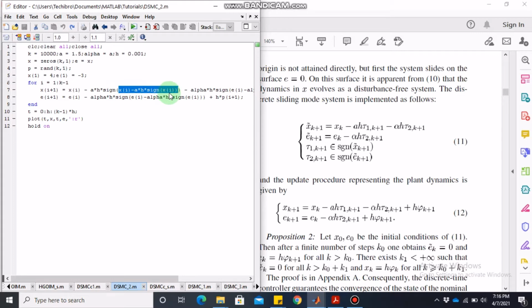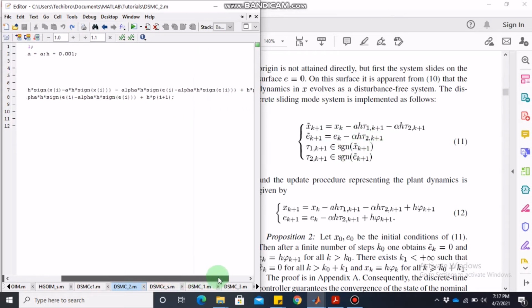Instead of tau k plus 1 here again, I use tau of k here, and this tau 1 is tau k, x tilde k plus 1. So this is a little bit of a difference that I have created from the proposed model. And then minus alpha h sine of e minus, so again the same strategy has been used here.